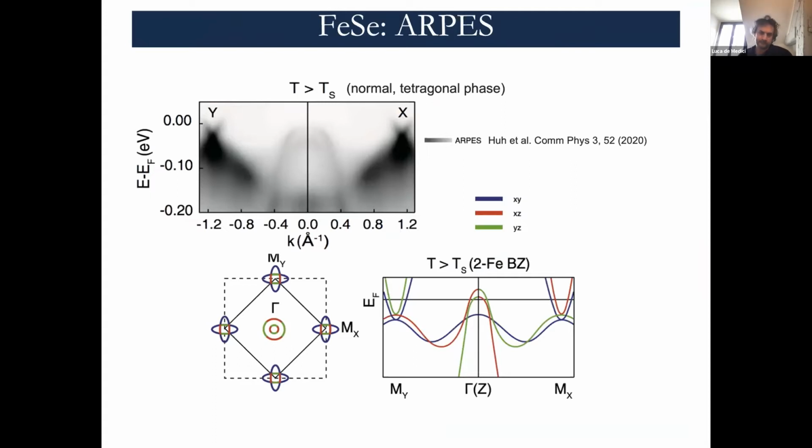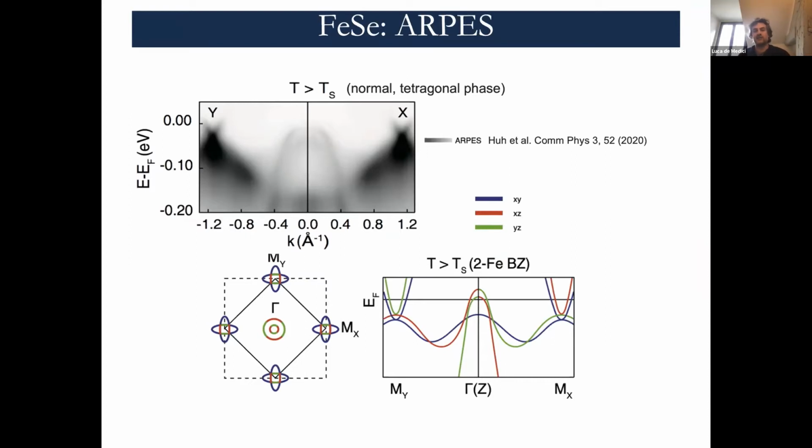So this is the ARPES of the normal phase in iron selenium in the tetragonal phase along the gamma-M cut. I'm quoting this ARPES from this group, but there's been a lot of work, and of course consensus has taken some time to arise.